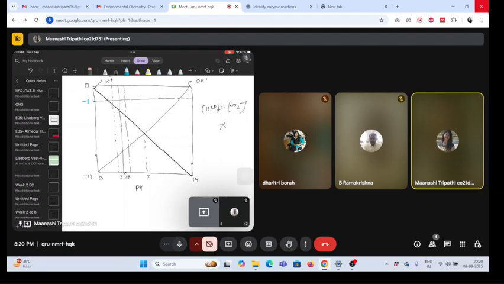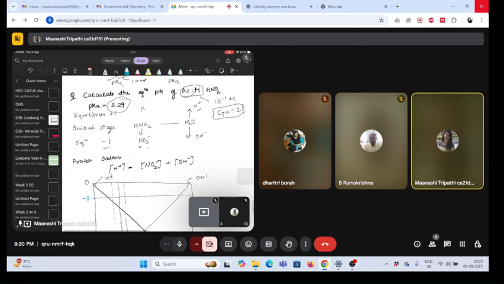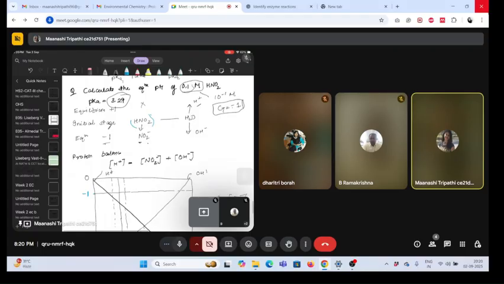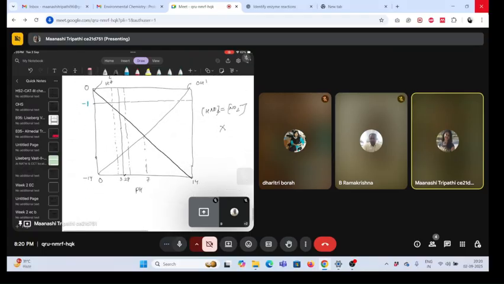Now we will make HNO2. So HNO2 will be as it is. So it will go in a straight line here. Then it will take a 90-degree angle.